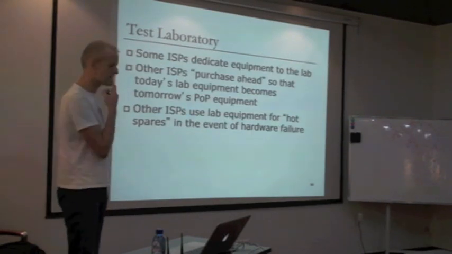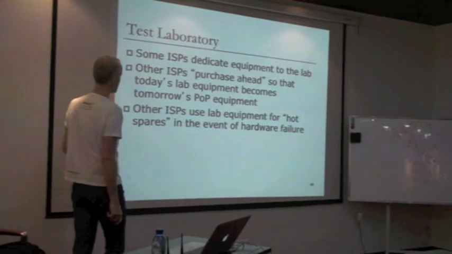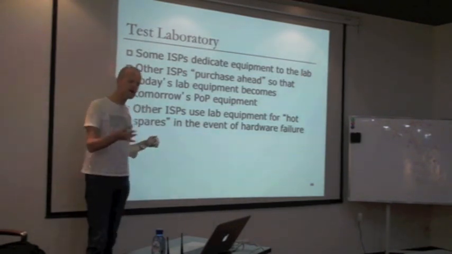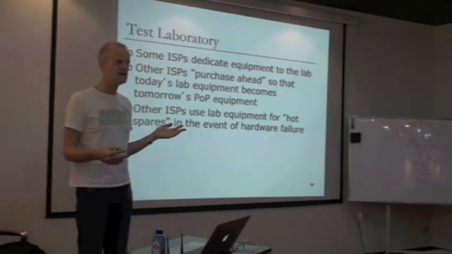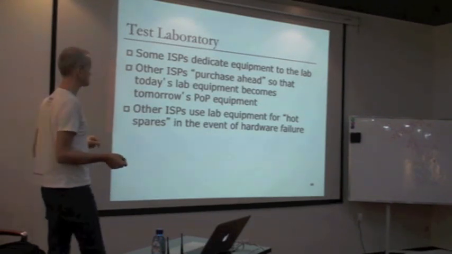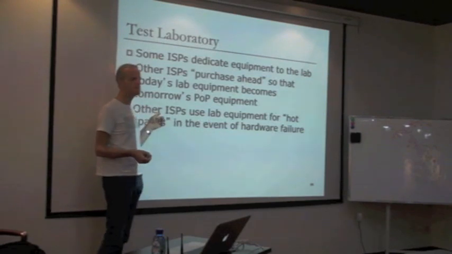So how do we do it? Some people will dedicate equipment to the lab. Other ISPs, they're always buying routers, so they just buy routers in advance, 3 months earlier than they need them, and they can put those in the lab for testing. Other ISPs use lab equipment as hot spares.